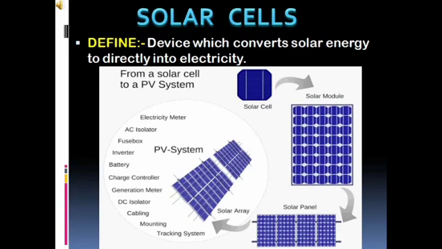What if we connect all these solar cells together in a pattern? Then a solar panel is constructed. If we put this solar panel outside the home, it will receive solar energy, and then this energy is connected to a battery.